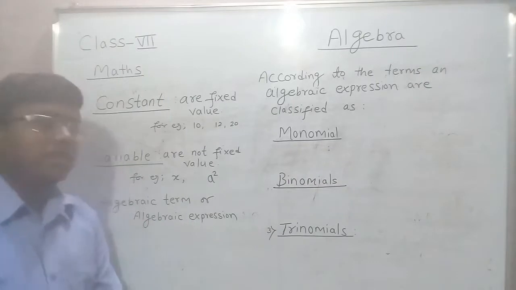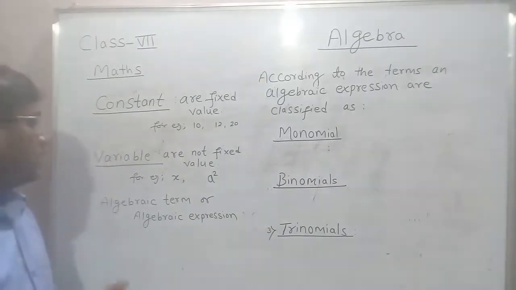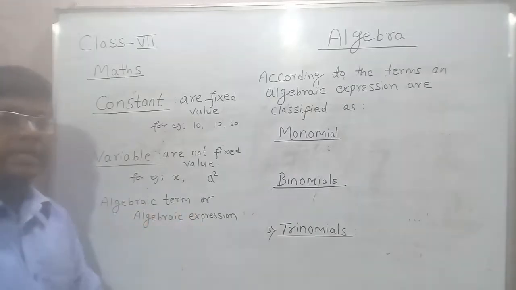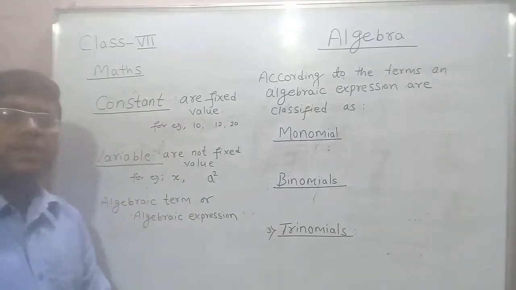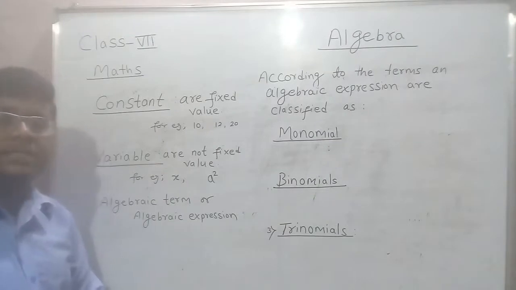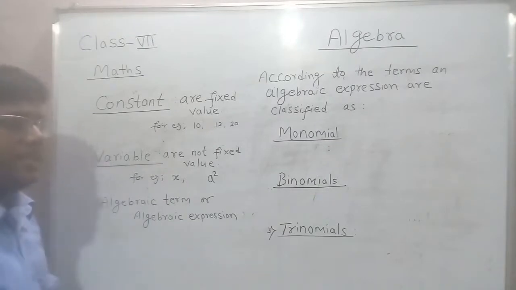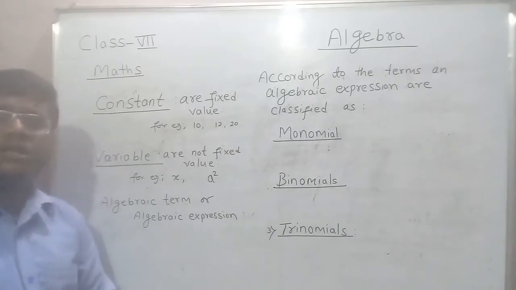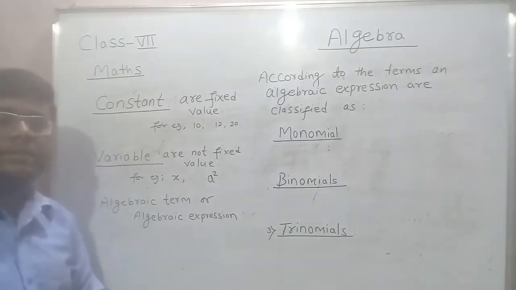Now our next term is algebraic term or algebraic expression. So what does an algebraic term mean? We can simply say that an algebraic term is the product of a constant and a variable.